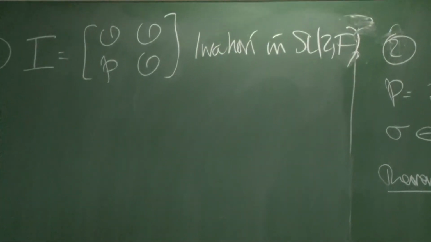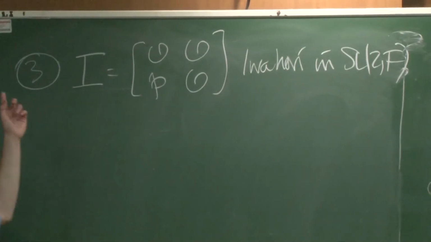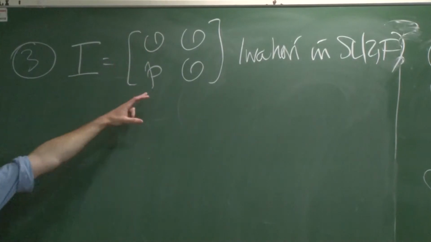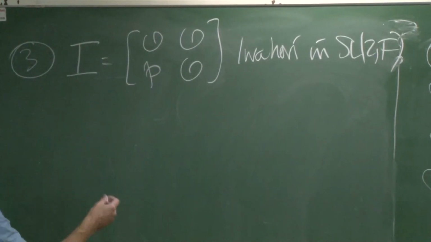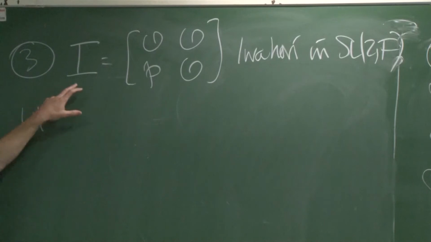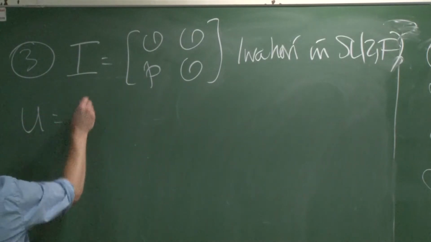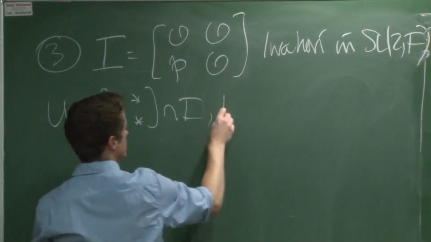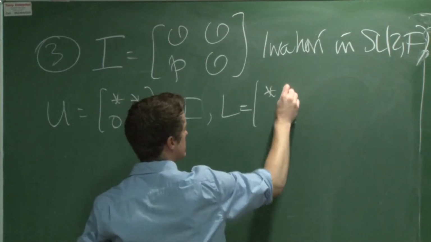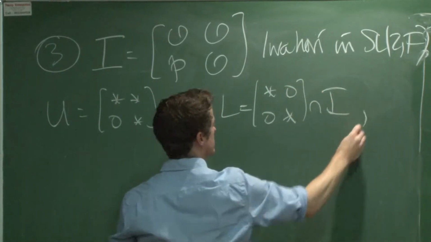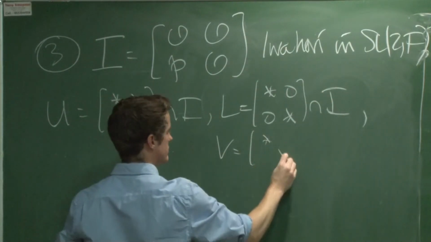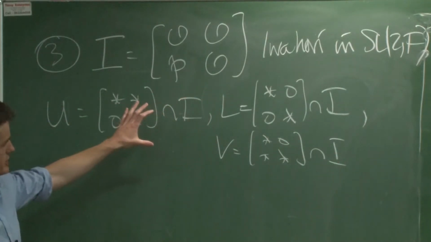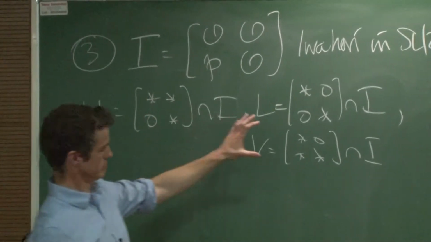So what was previously called G is now going to be called I. I is the Iwahori subgroup in SL2. O is the ring of integers in some F and P is the maximal ideal. Now this group has a standard Iwahori decomposition, which probably you all know. In fact, one of these Iwahori decompositions of the kind over here.